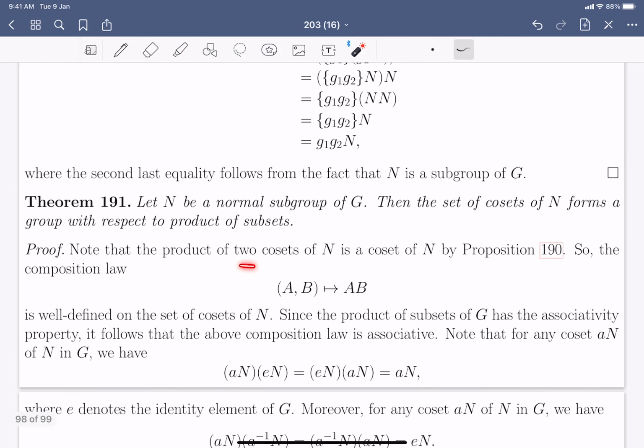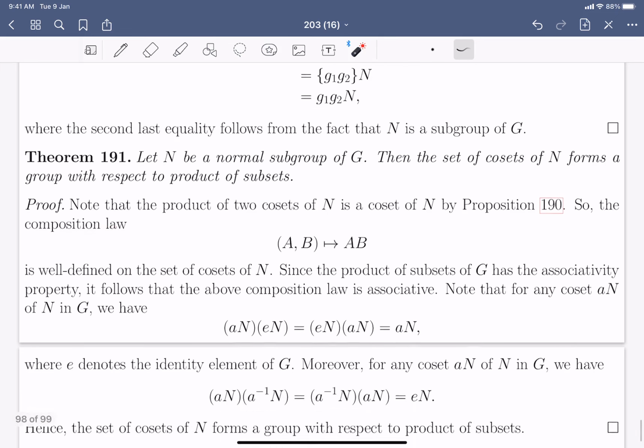So this composition law that takes two cosets A and B and sends them to their product is well defined on the set of cosets of N. On the set of cosets of N, the notion of product makes sense.